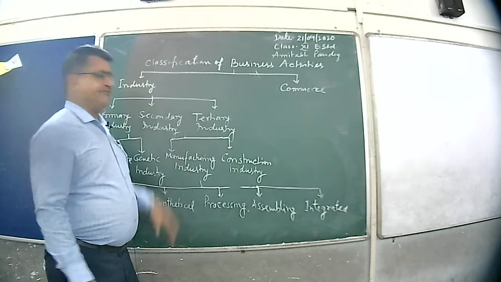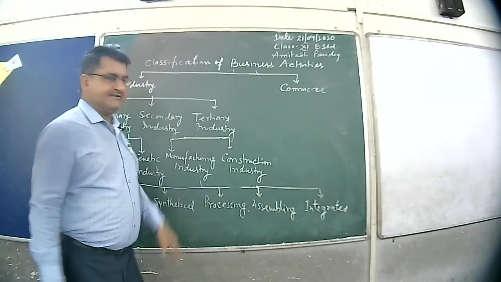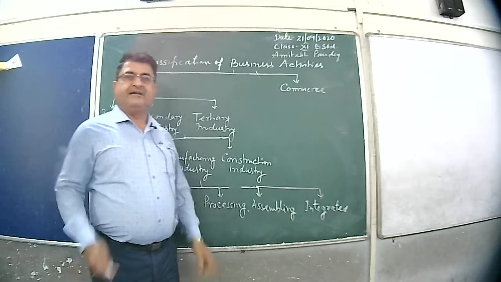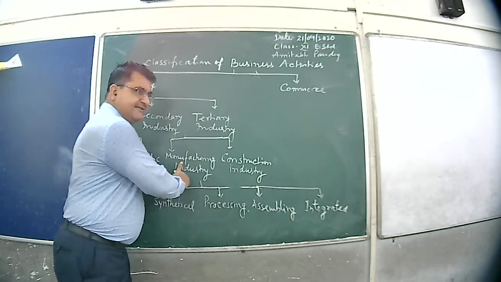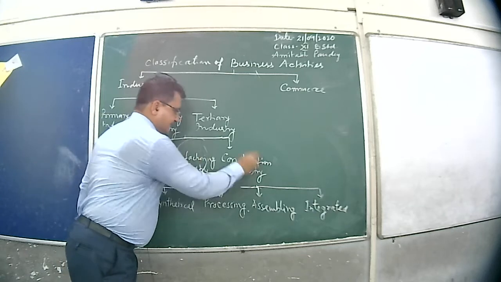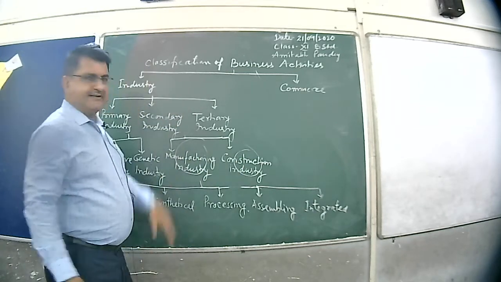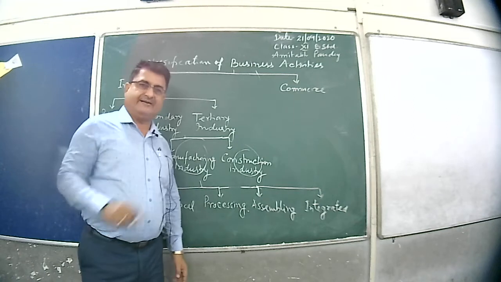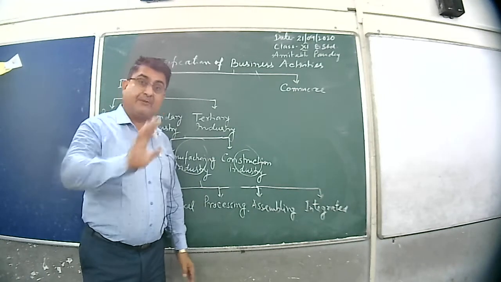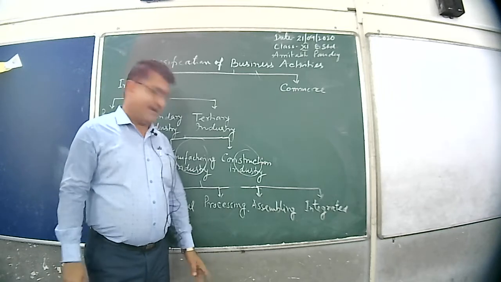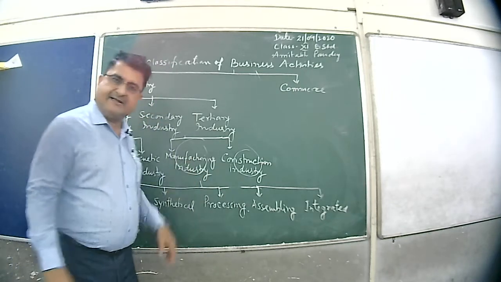But the second classification, which is your secondary industry, is classified into two: manufacturing industry and construction industry. What is manufacturing industry? Different producing companies which are engaged in producing finished products are clubbed under manufacturing industry.